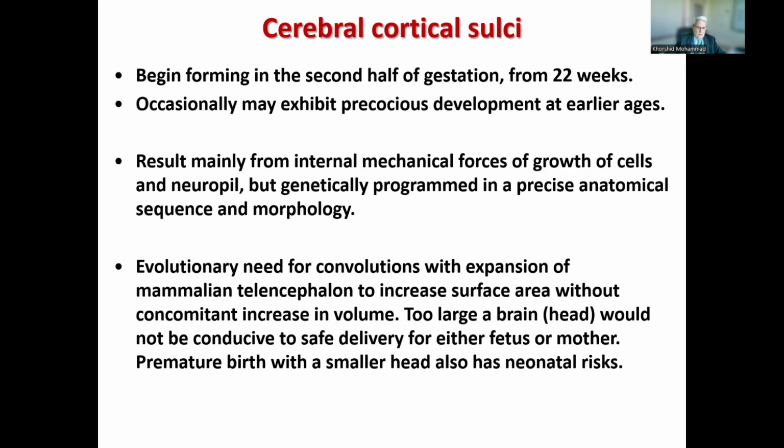Or else the alternative would be that the infant would have to be delivered quite prematurely. And we all know about what some of the complications of prematurity are. So this is an evolutionary need for convolutions so that you can increase the surface area without a concomitant increase in volume of the brain.